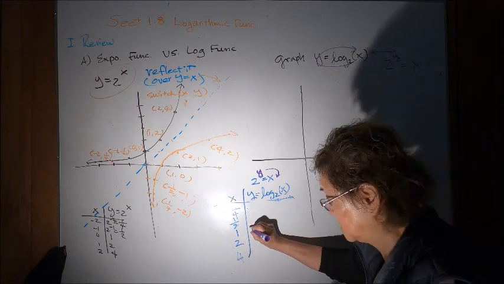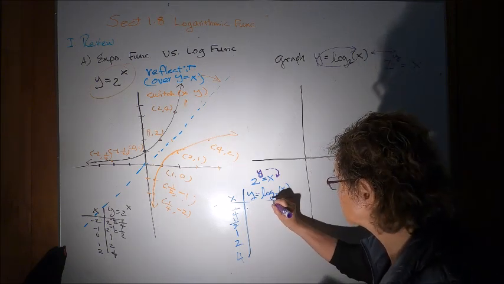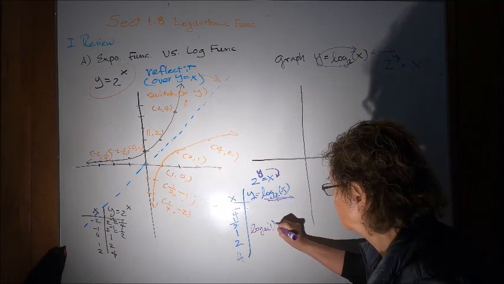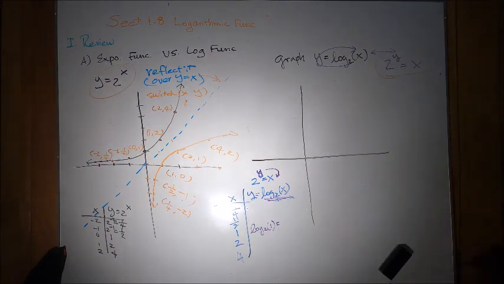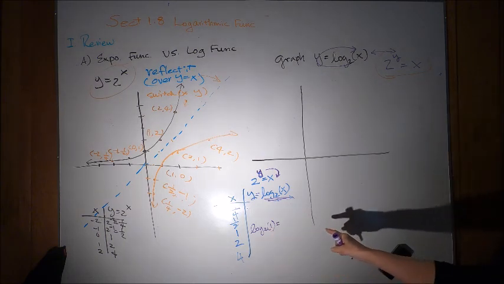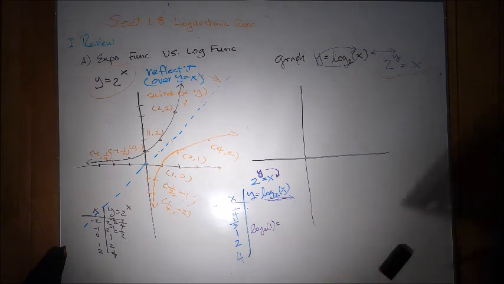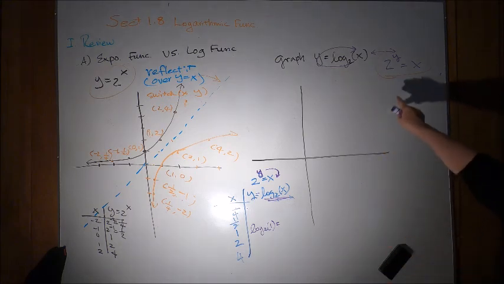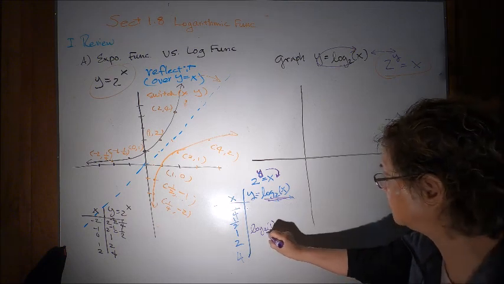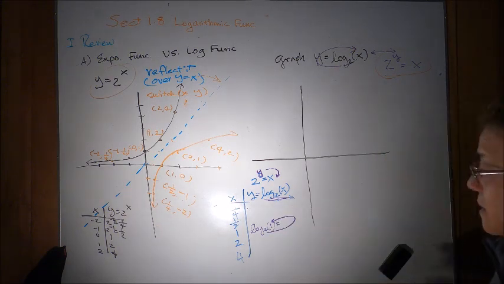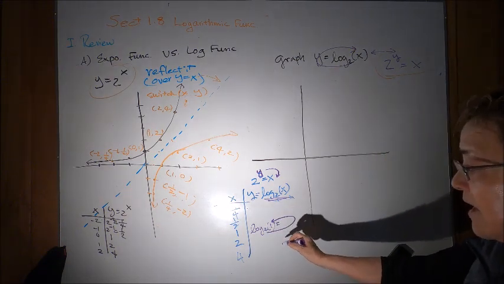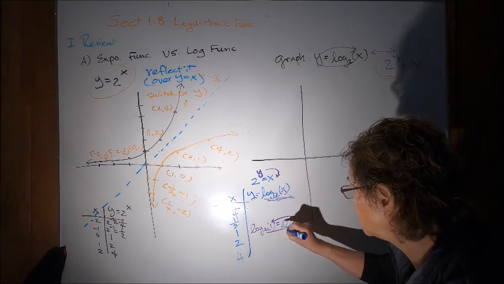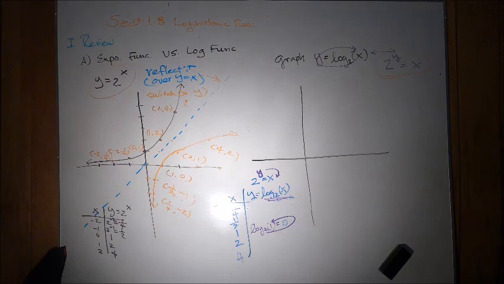That means y is log 2 of 1. You might have forgotten how to do log 2 of 1. We are going to review it a little later, but the basic concept means 2 to some power is 1. What do you think that value is? 2 to the 0 power is 1, right?